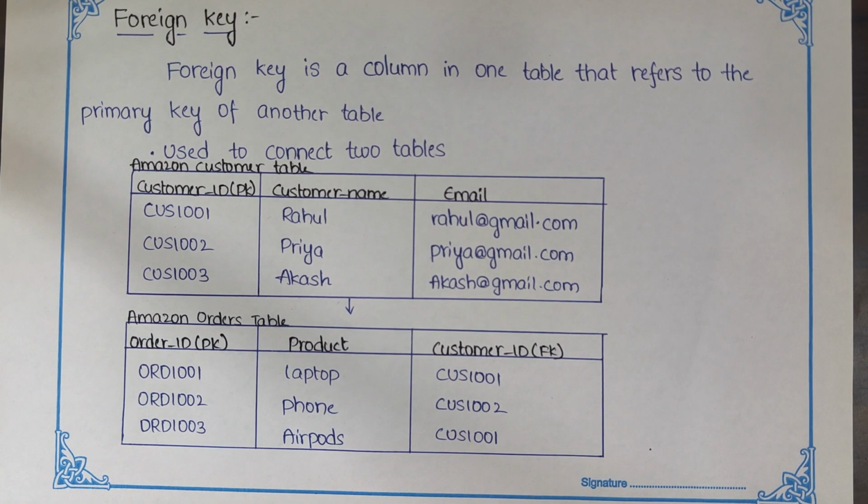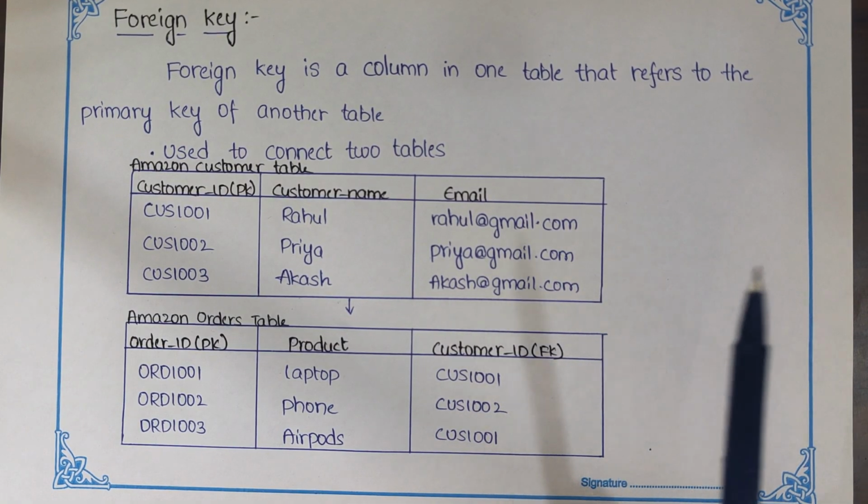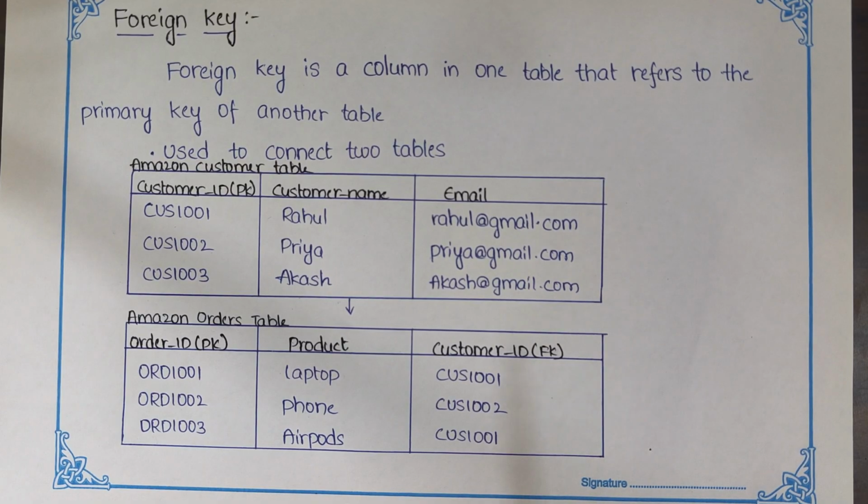The database becomes overloaded, the data is wasted, and it makes updates harder. For example, if Rahul changes his city, Amazon would have to update every single order with Rahul's details. So the data becomes inefficient and many problems will come.